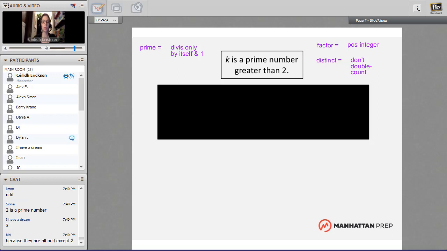Primes, by definition, are divisible by itself and 1, so 2 distinct factors. 1 only has 1 distinct factor, so it's not a prime. And 2 is the only even prime, so any prime greater than 2 will be odd. They'll sometimes specify that, and that's a way to flag to ourselves, K has to be odd. Maybe that's significant, maybe it's not. Sometimes the GRE will throw things that aren't significant up there, but we know it's prime, we know it's odd.